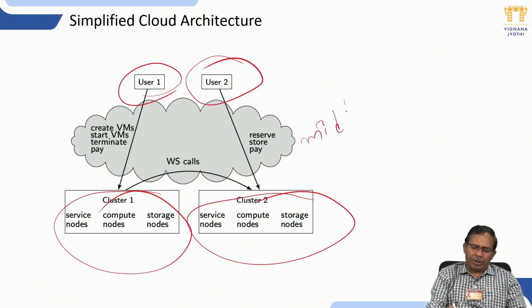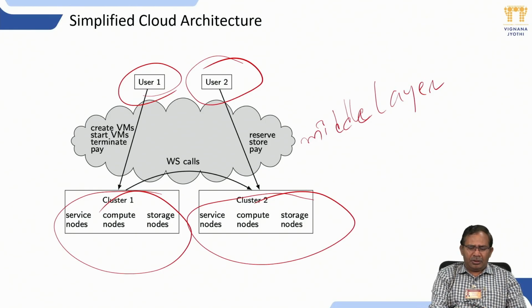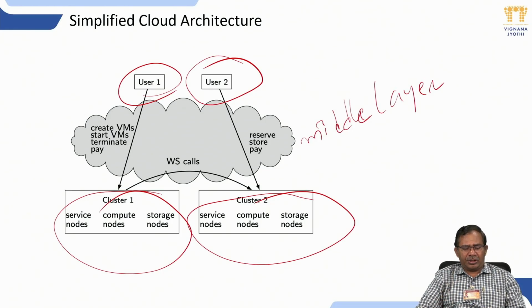This layer is called the middle layer, which connects users from different places requesting different services available at different locations. Over the internet, this communication is possible. So you can see client-server, peer-to-peer structures, and multiple DBMS layered architectures.